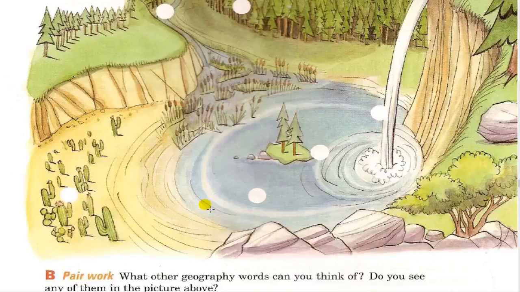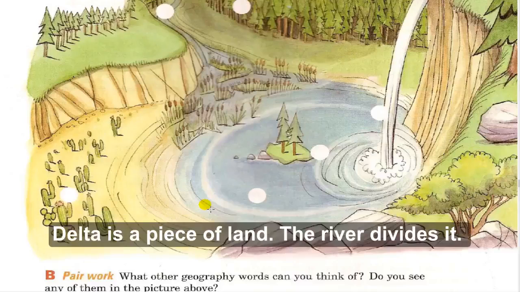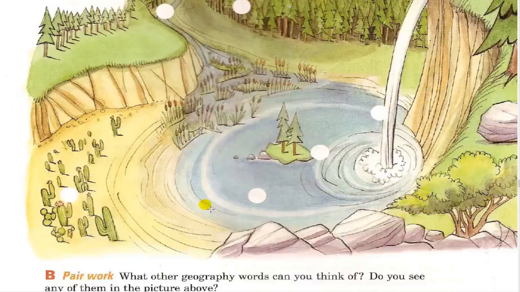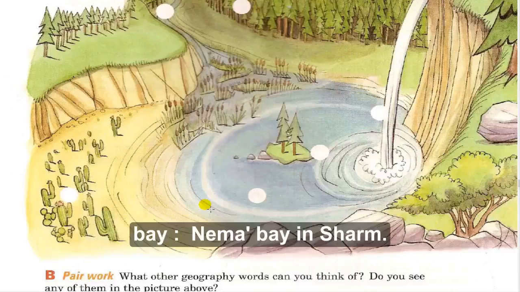Delta. In Egypt we have Upper Egypt and the delta. A delta is a piece of land that the river divides. In Egypt the Nile divides the delta by the Damietta branch and the Rashid branch. Bay, B-A-Y.